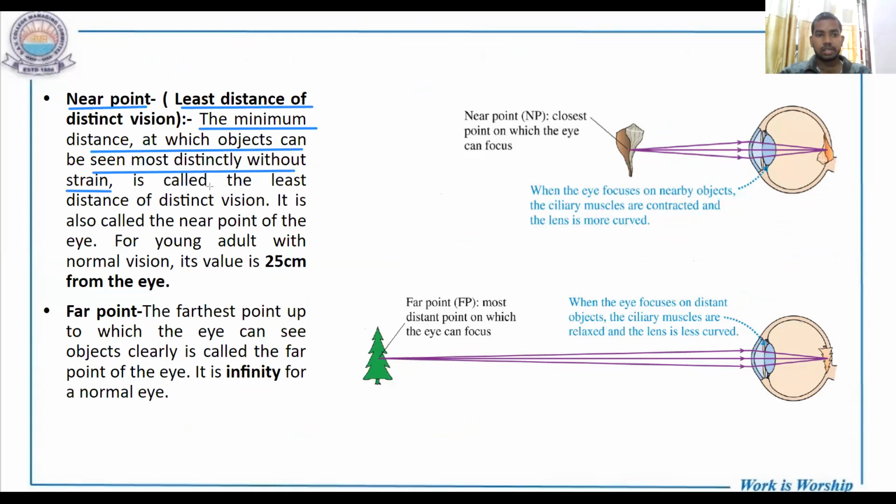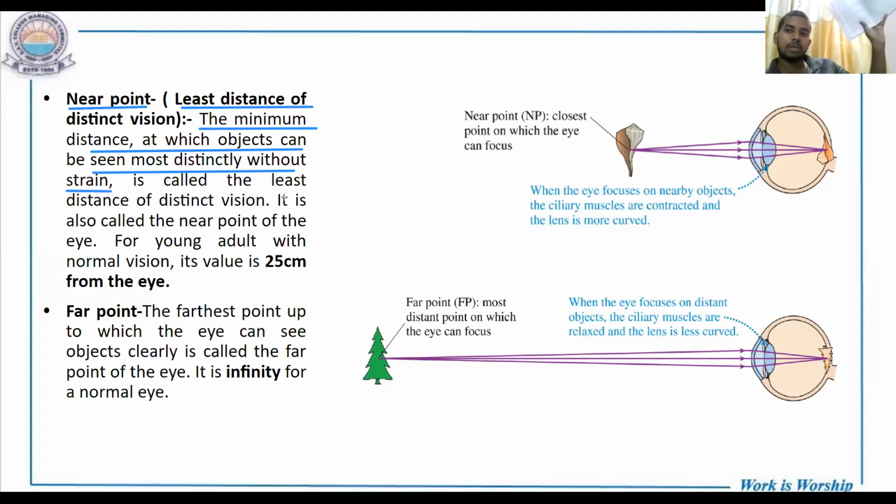If I am able to see the book from this distance, and closer than this I cannot see, then this minimum distance between my eye and the object is my near point.